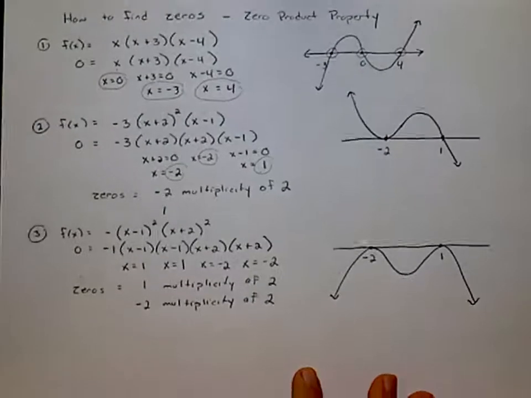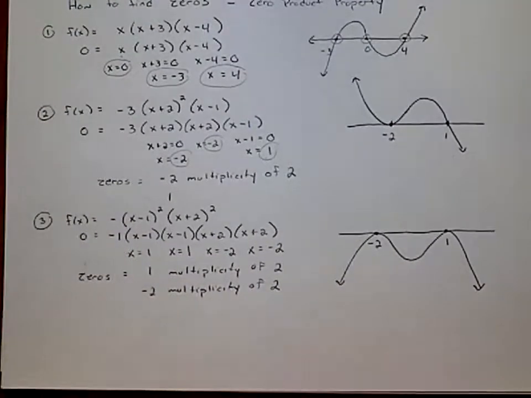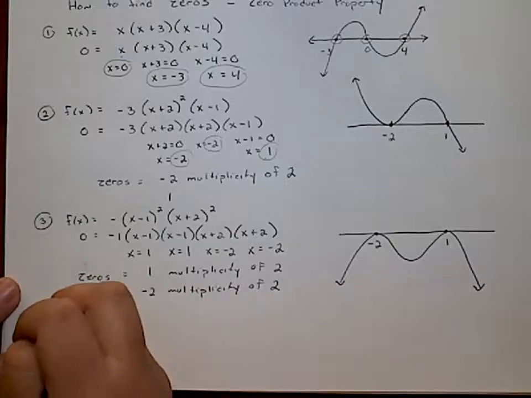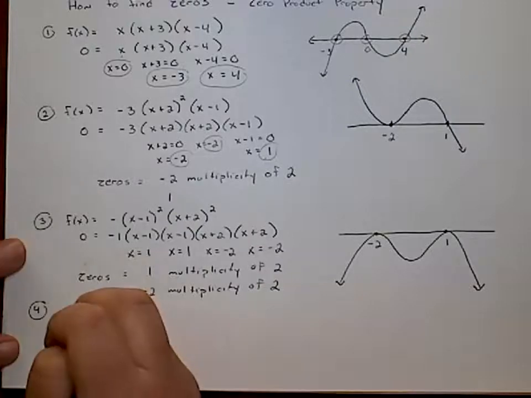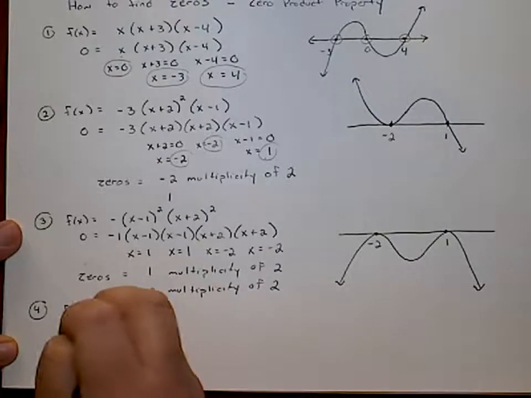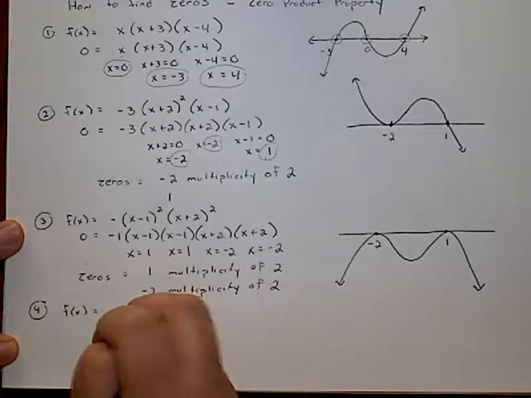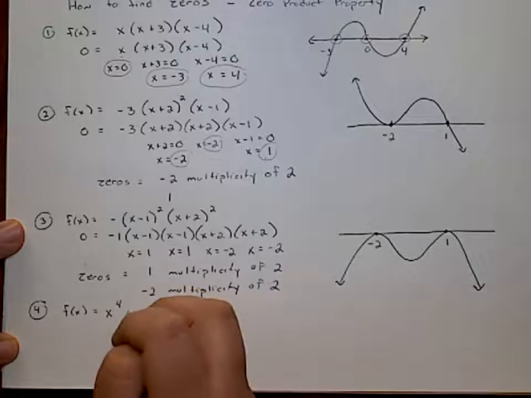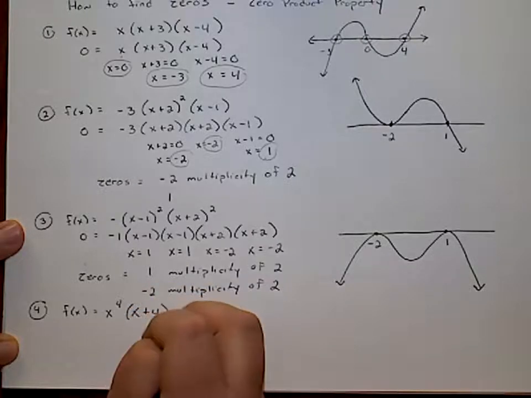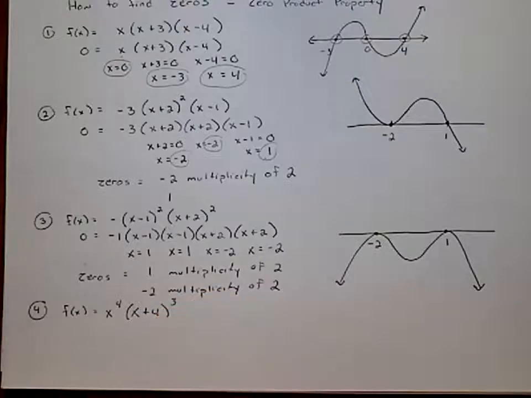One more example I wanted to show you. Let me move my page up a little bit so you can see it. Hopefully I don't squish it in here too much. We have f of x equaling x to the fourth times x plus 4 to the third.